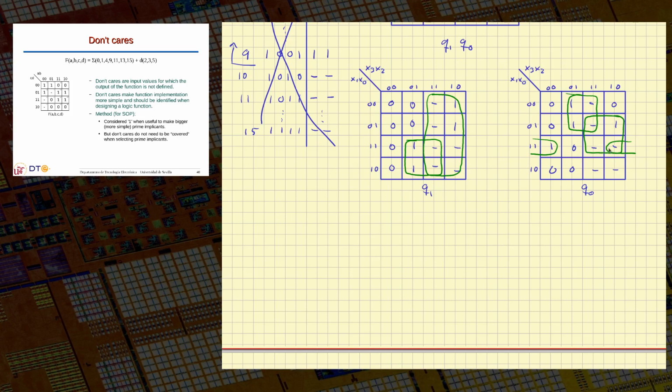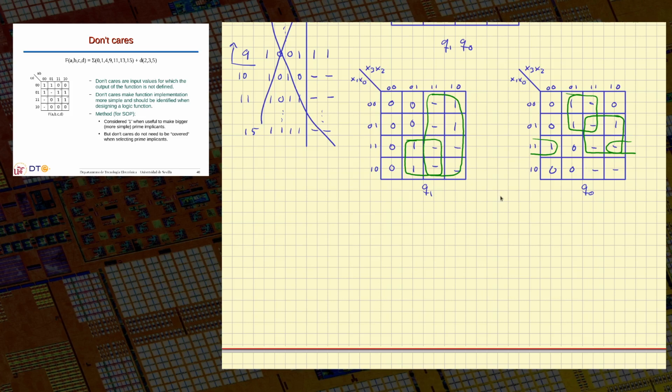As long as the don't cares are useful to make simpler prime implicants, meaning bigger groups, I consider them one, but I don't have to cover them. For example, there are two remaining don't cares here. I will not consider them to be one because we don't need to cover them. So the point is that don't cares are not always considered one or always considered zero.